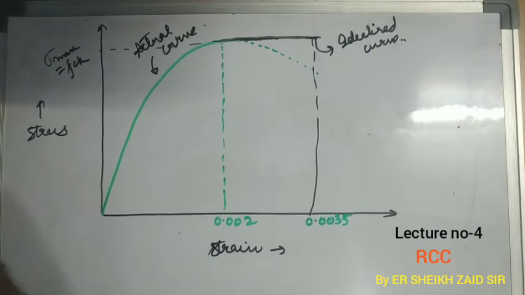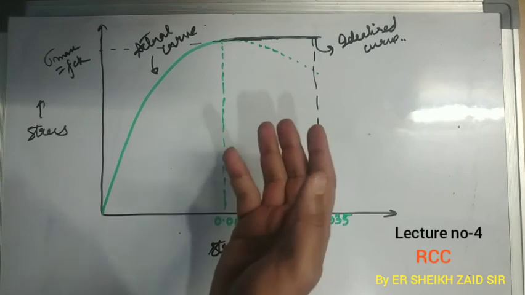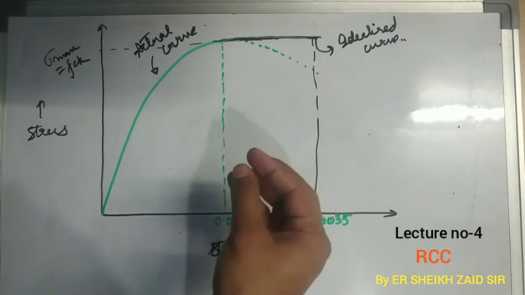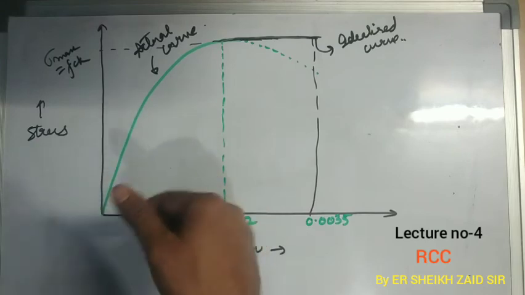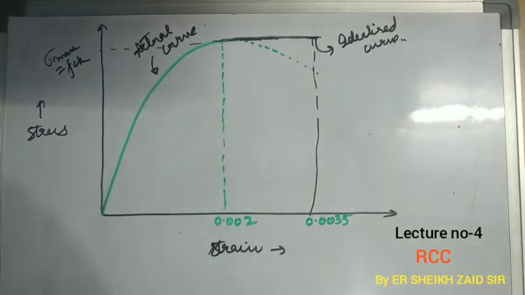Now the effect of size and shape of the test specimen with that of the actual structural member in flexure is taken into consideration, and this idealized stress strain curve for concrete in the member is obtained by multiplying each ordinate by 0.67.